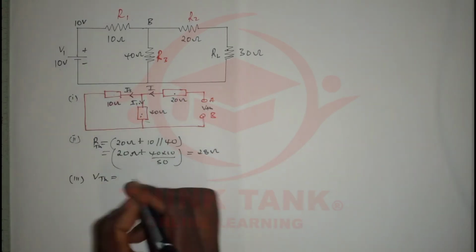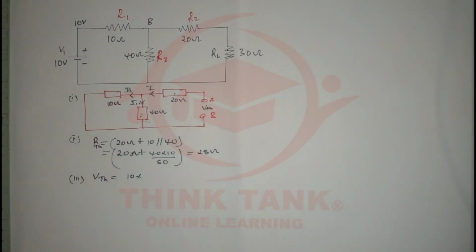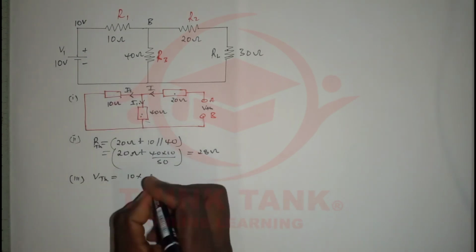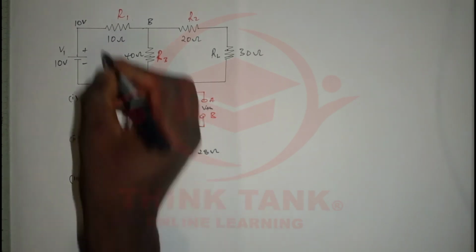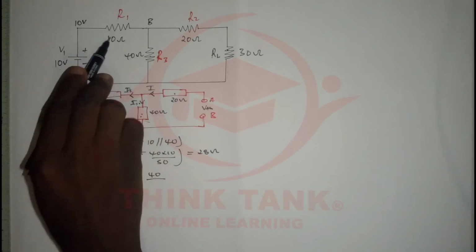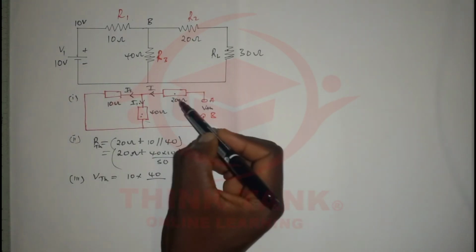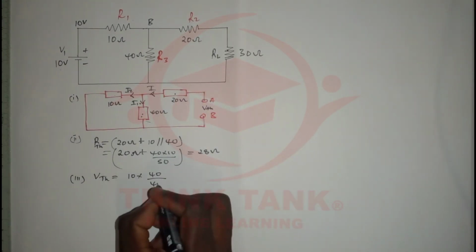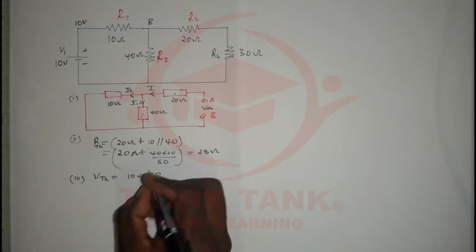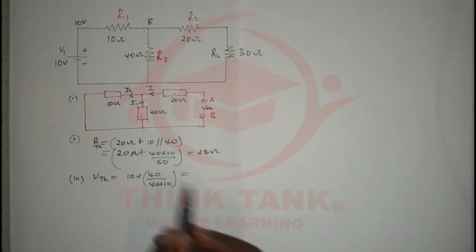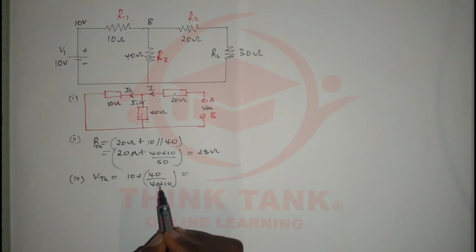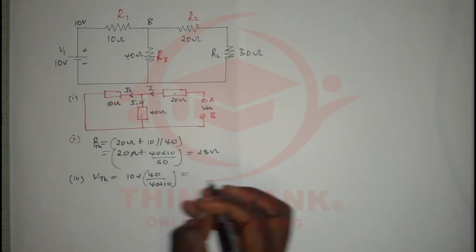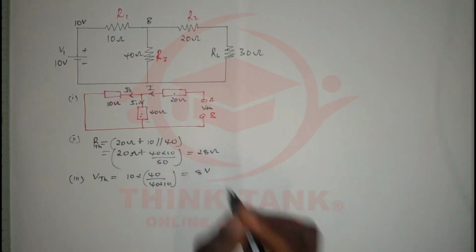So it's 10 volts times, what is the voltage that you want? It's 40, so we're going to say 40 divided by the sum of the resistors, 40 plus 10. And if we say 40 over 50 times 10, that's going to give us 8 volts.